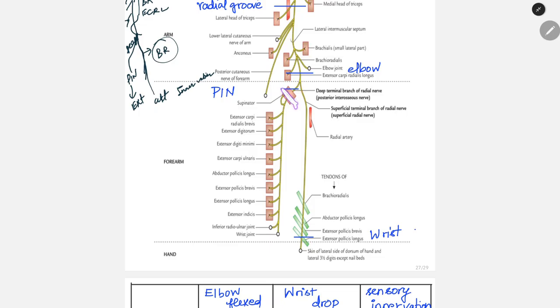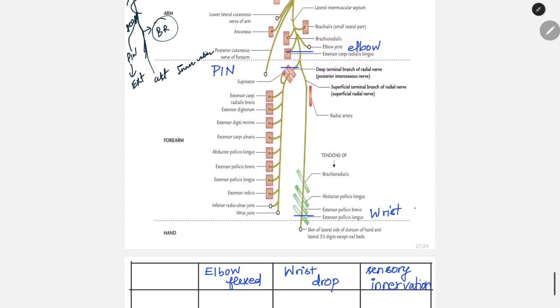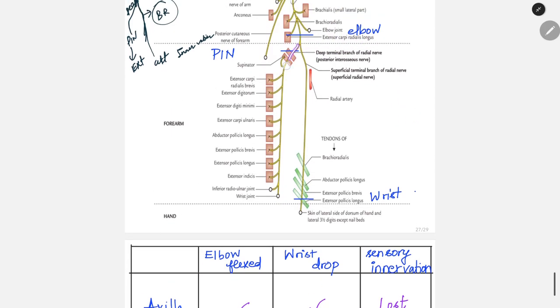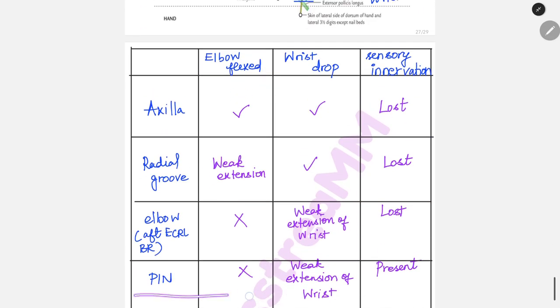So the cut is here. Extension of the elbow can be present and the wrist can also be extended because extensor carpi radialis longus is spared. Sensory loss also does not take place because PIN does not supply the sensory innervation of the hand. So sensory innervation is also present. It is not lost.